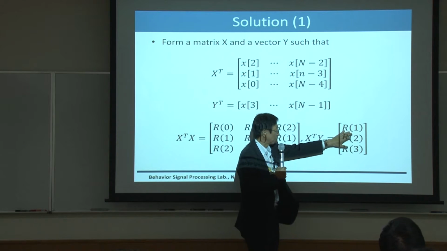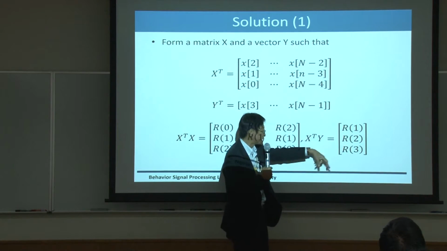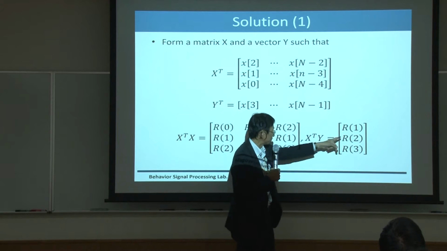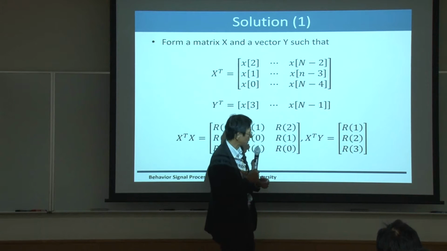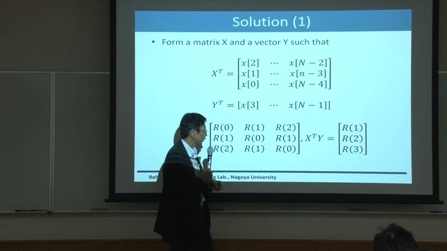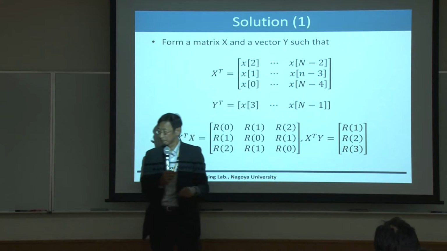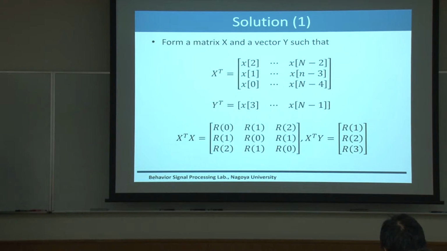And also, here's another R. I should discriminate this R and that R, sorry, but this is another correlation, the cross correlation of x and y. So to be more strict and discriminative, I should write xx here and xy here.